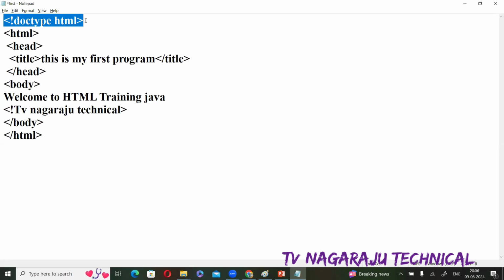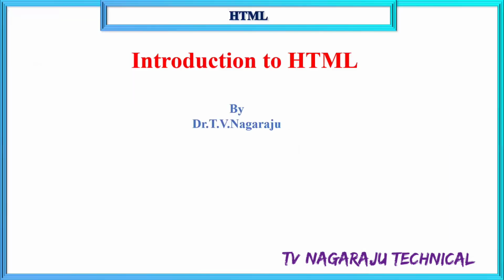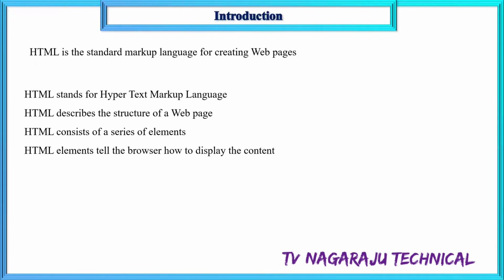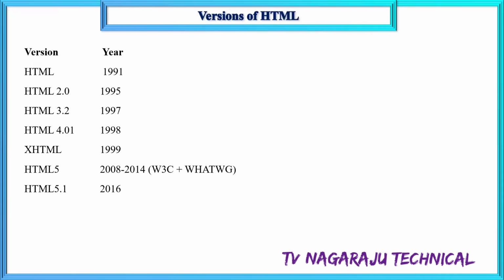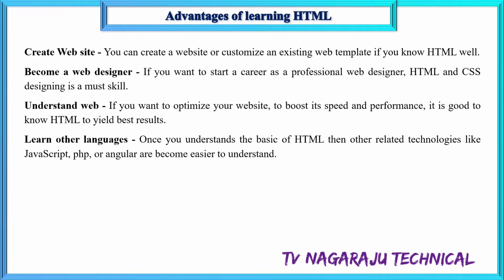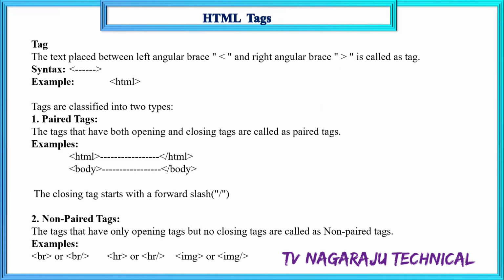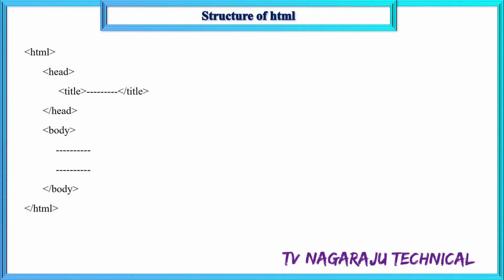I think everyone is clear. So in this session, finally, what we discussed, I will give you a brief overview. What we discussed: what is HTML, what is the purpose of HTML, what are the different versions of HTML, why we are moving to HTML, what is the reason for learning HTML, what is the term tag, how we classified the terms, the basic structure of HTML, mainly three tags: HTML tag, head tag, body tag.